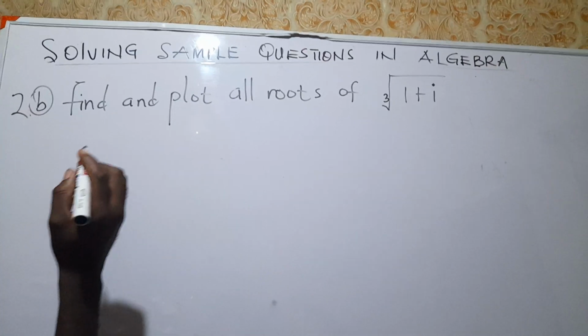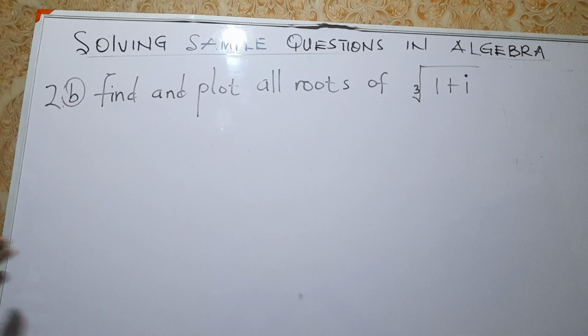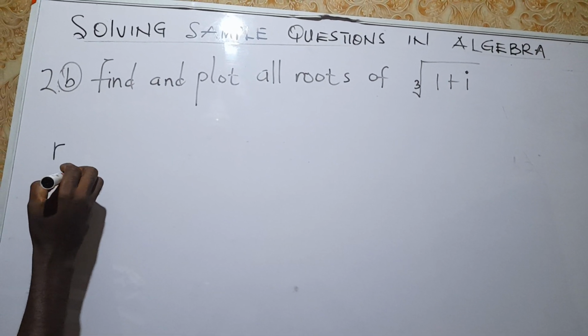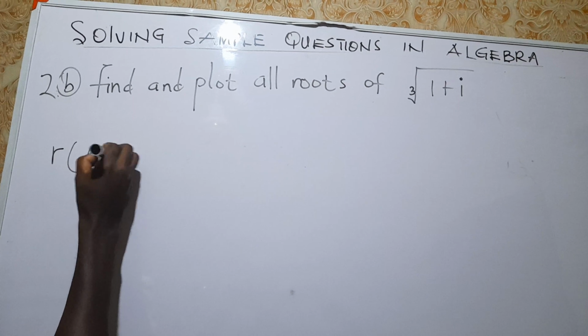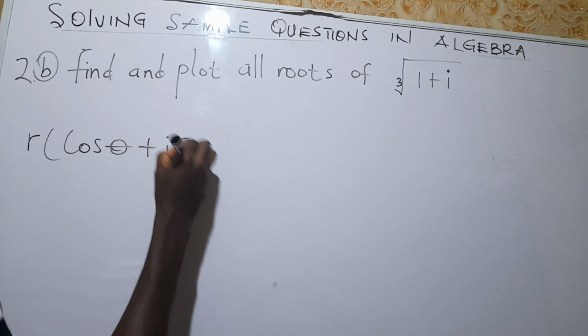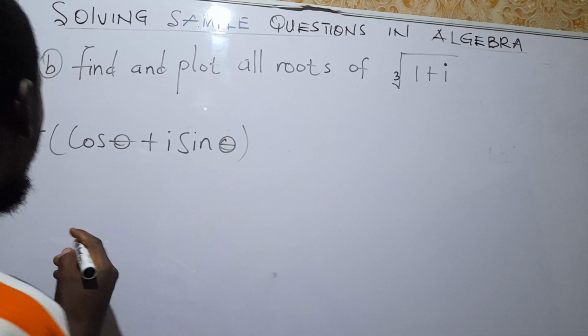So now, from De Moivre's theorem, we know that if a complex number is expressed in its polar form, it will look like r bracket cos theta plus i sin theta.